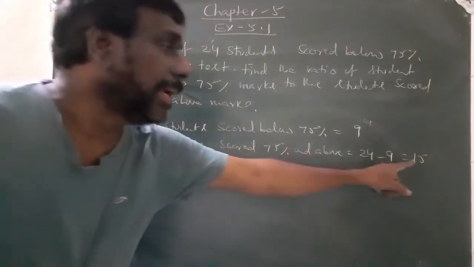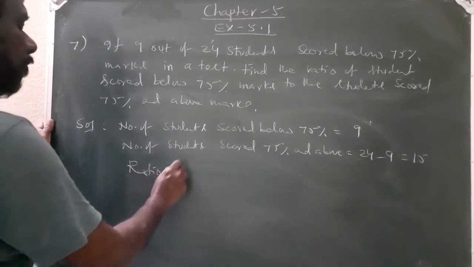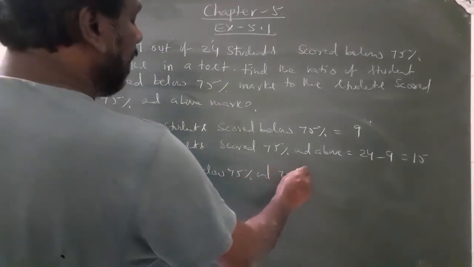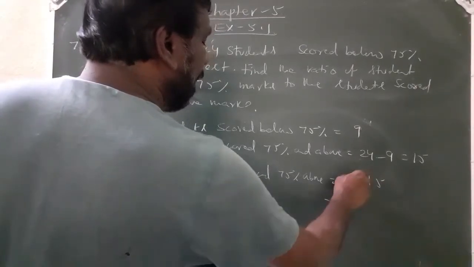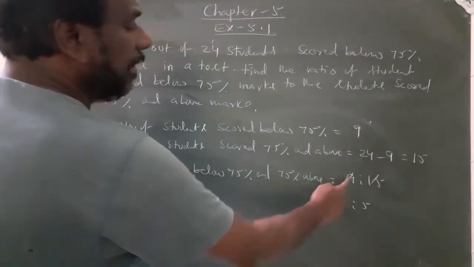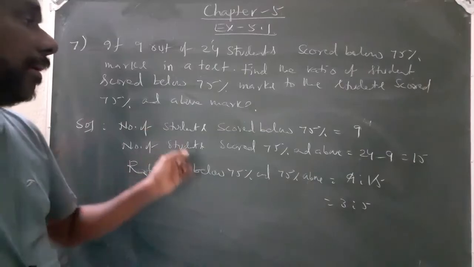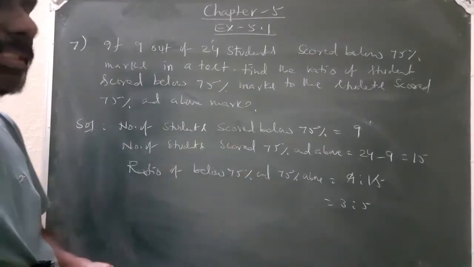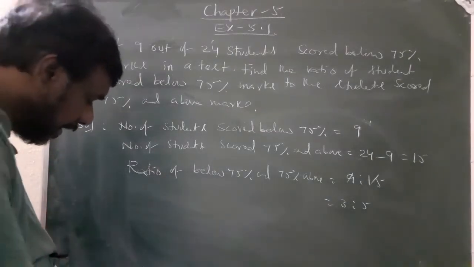So these 15 students got 75% and above. So ratio of below 75% and 75% above is equal to 9 is to 15. 3 table will go, 3 3s, 3 5s. So the ratio of the students who got below 75% and 75% and above is 3 is to 5. Okay. Now we will see the next one.